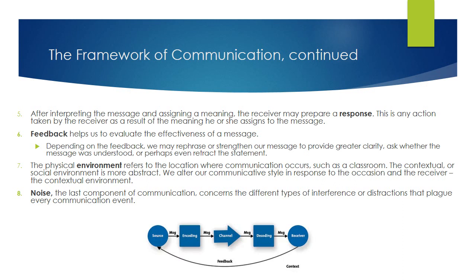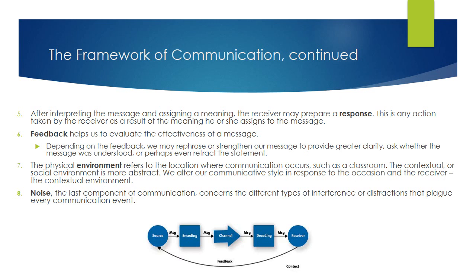The contextual or social environment is more abstract. We alter our communication style in response to the occasion and the receiver, the contextual environment. Finally, we have noise, which is the last component of the communication cycle, but it concerns the different types of interference or distractions that plague every communication event.